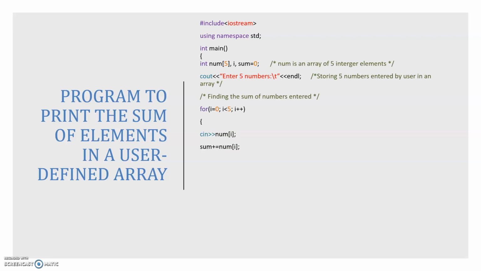Then, we declare a main function in which we ask the user for the number of elements in the array. Then, we write a program for the sum of the numbers entered in the array. And then, we write a program to print the sum of numbers in the array. The output is shown.